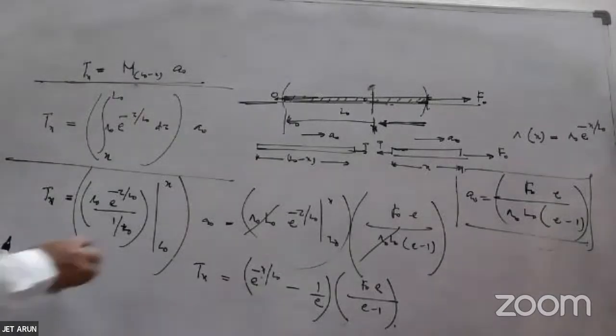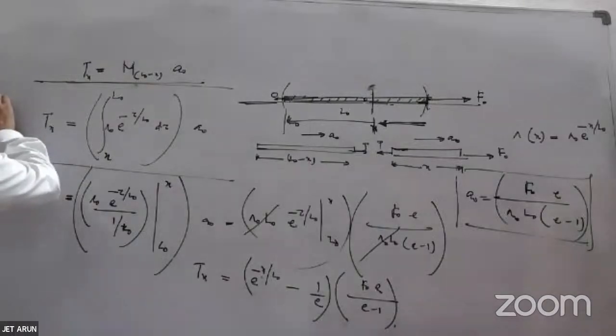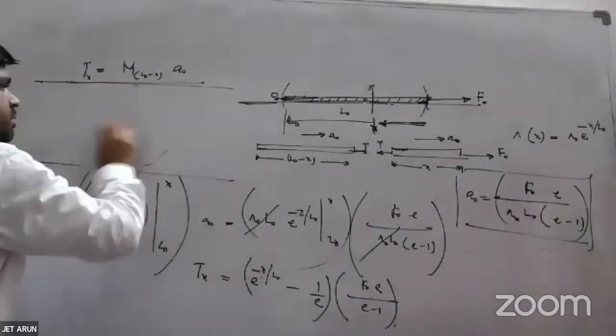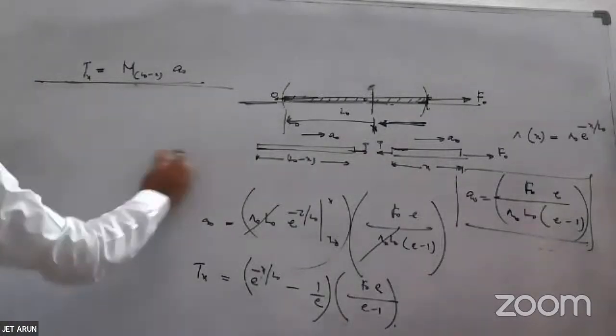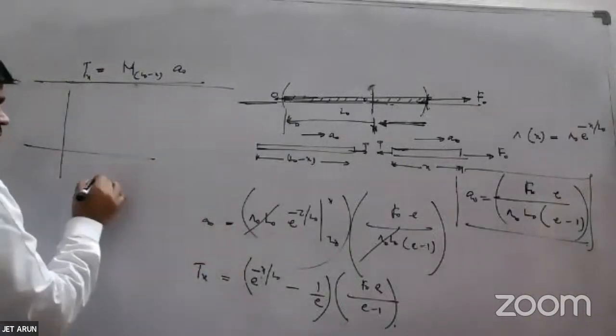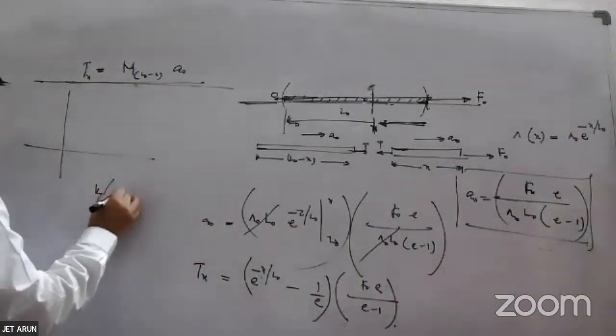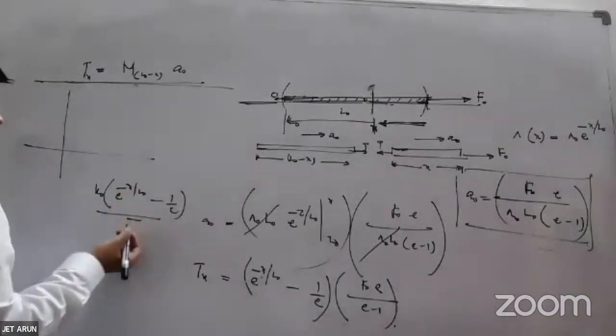All right. So let's quickly plot this function roughly. I mean, let's sketch this function. So I've got some constant times e power minus x by L minus 1 by e.